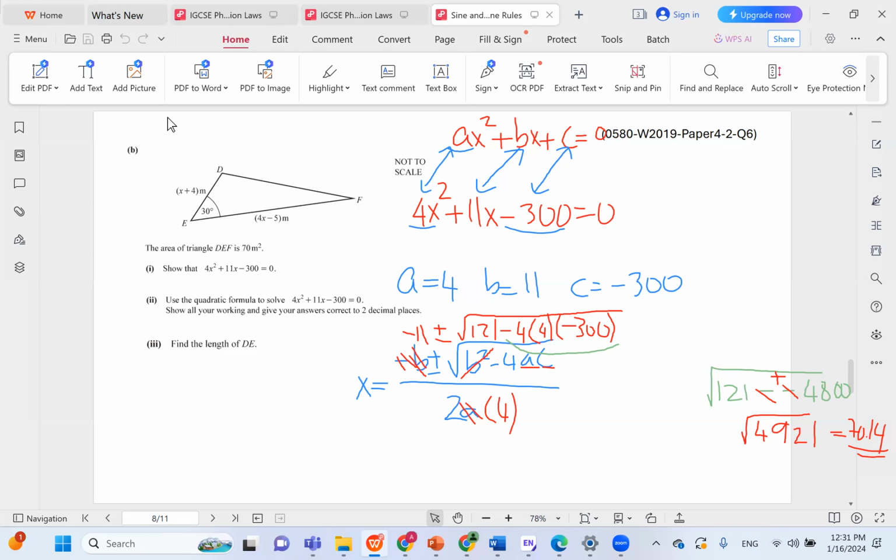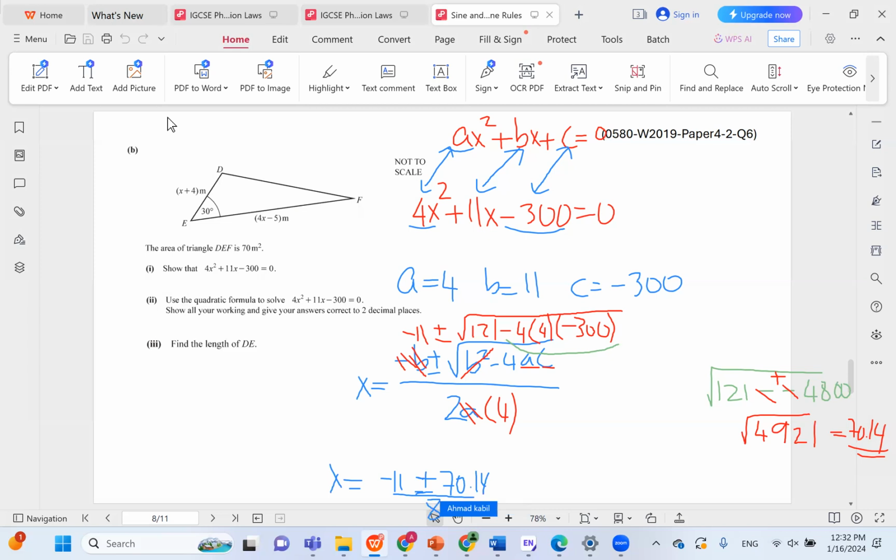So the equation becomes x equals minus 11 plus minus 70.14 all over, excuse me, 8. So 2 times 4 is 8.